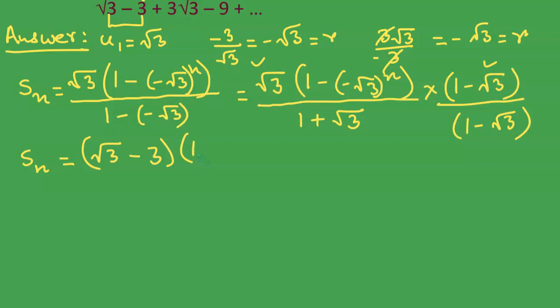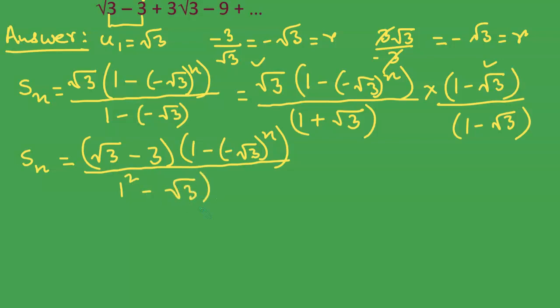And we are having 1 minus root 3 to the power of n. This is our numerator. And what is our denominator? I am using the a plus b times a minus b formula, which is a square minus b square. So it is 1 square minus root 3 whole square.